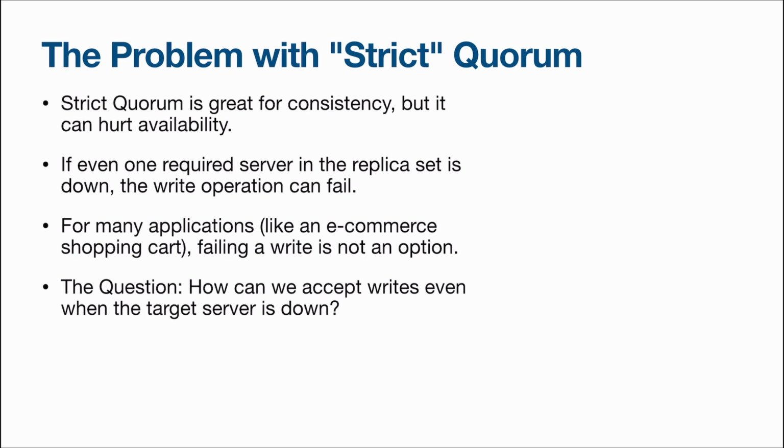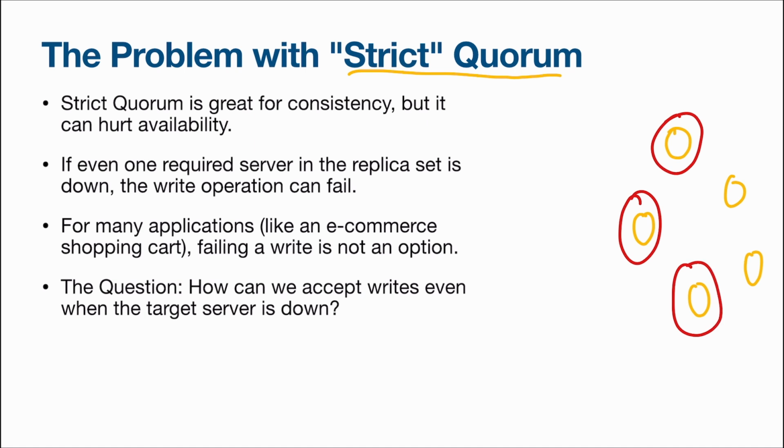Let's try to understand what is the problem with strict quorum. Let's first draw the diagram for the strict quorum scenario. Let's say there are 5 servers. Out of them, 3 can accept a particular write. In the last video, we saw that W plus R greater than N, and in this case, N equals 3.